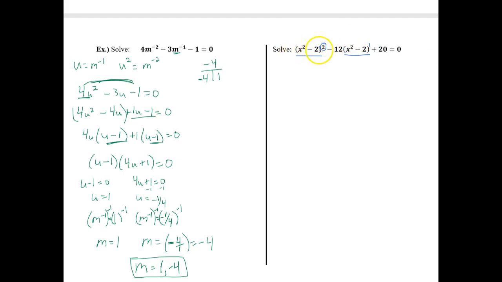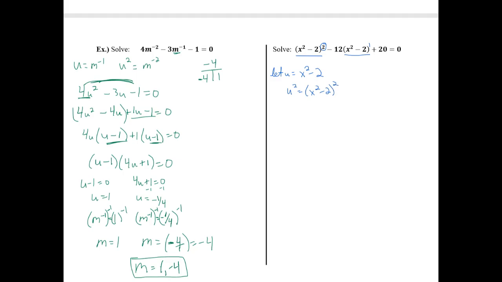And the whole quantity is what's being squared, and that whole quantity is what's to the first power. So we're going to let u equal, again, the middle term. And the middle term is everything in the parentheses, x squared minus 2. And then that means that u squared would be that whole entire quantity squared.